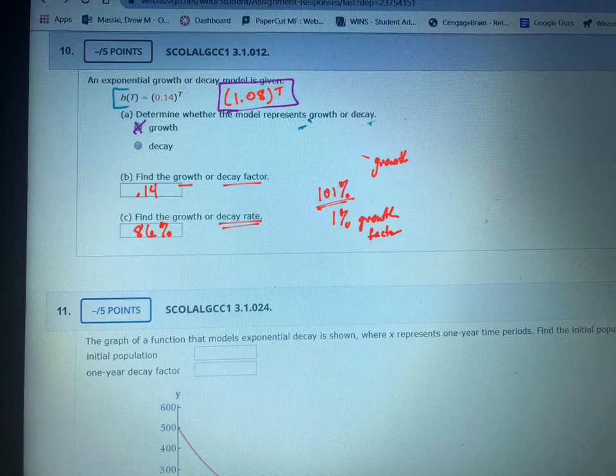And what would the growth factor be? Yeah, it would be 1.08. That would be the factor. And what would the rate be? 8%. It'd be 8% because 1.08 is like 108%.